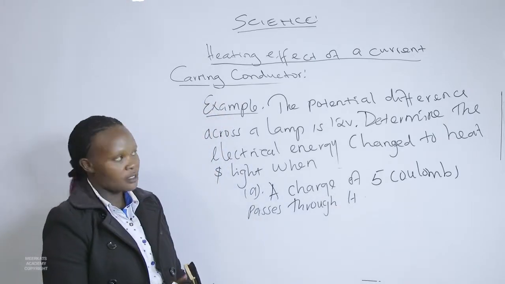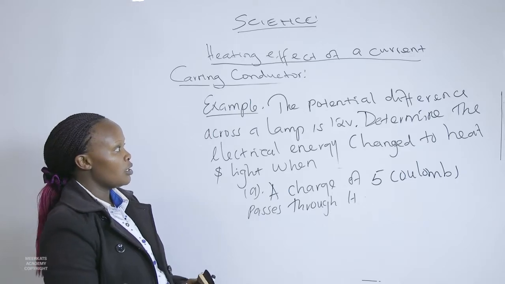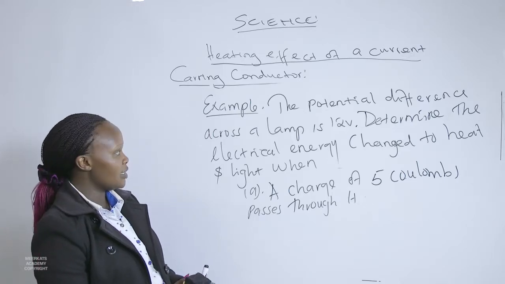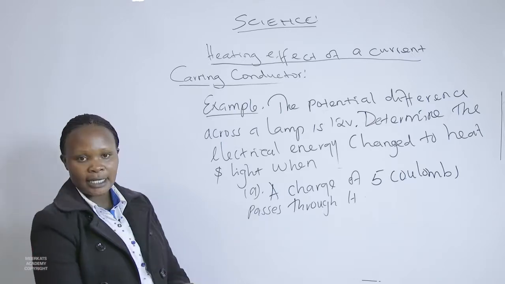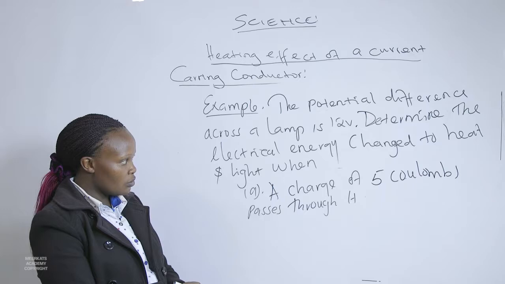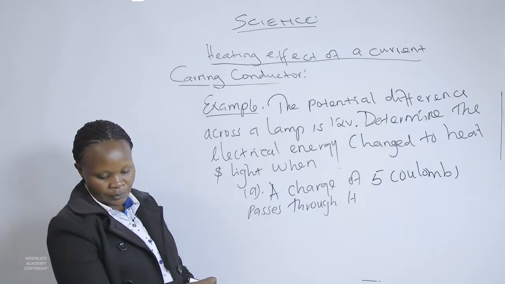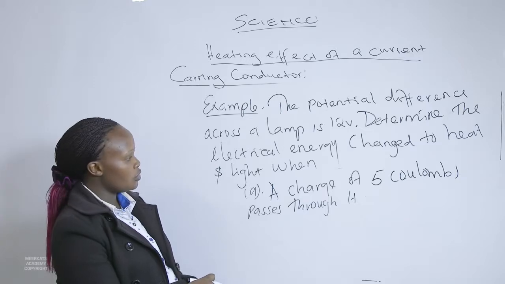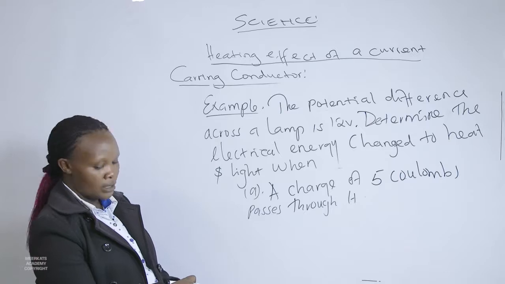Our question reads, the potential difference across a lamp is 12 volts. Determine the electrical energy changed to heat and light when a charge of 5 coulombs passes through it.